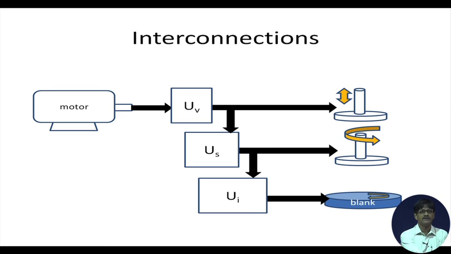So, let us have a look. The speed gearbox is being connected directly to the motor. So, that means downstream of the speed gearbox, whatever is there, they are going to be affected by the change in the speed gearbox. But that seems to be exactly the opposite of what we had been planning. What had we planned?